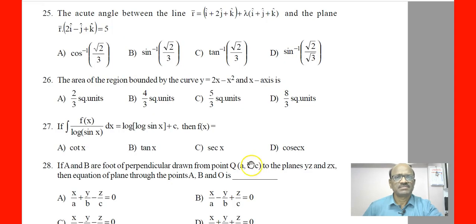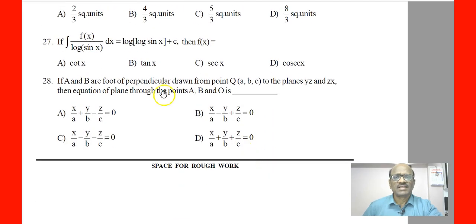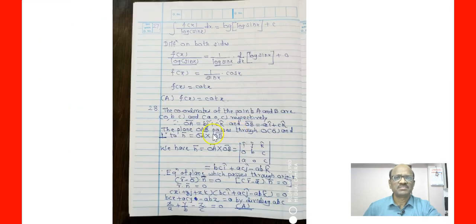Now next example. If A and B are the feet of the perpendiculars from the point Q, that is (a, b, c), to the planes YZ and ZX, then what is the equation of the plane through the points A, B and O? You can see this example.